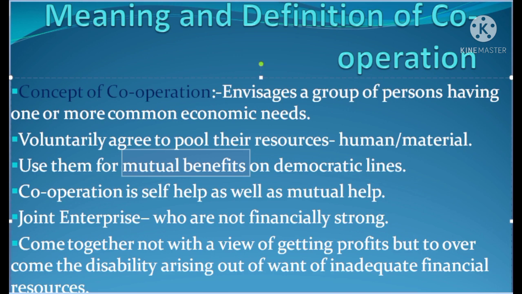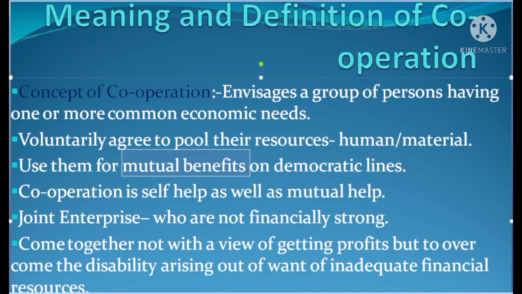The second point about the democratic character of cooperation is that the members have a single vote. That means a single member of a cooperative society has only one vote, irrespective of shareholding.